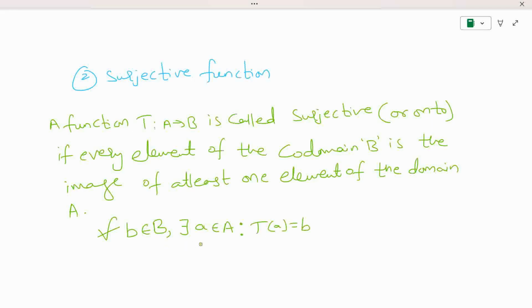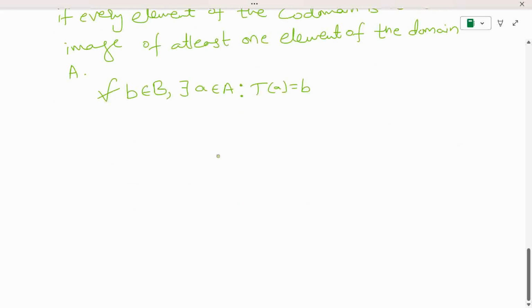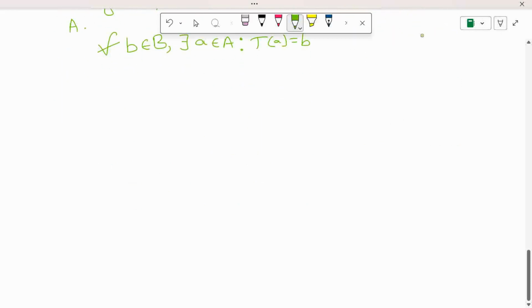So we can read this as for every b belongs to capital B set, there exists an element a belongs to set A such that T of a equal to b. Now, with examples, let's understand the surjective function.